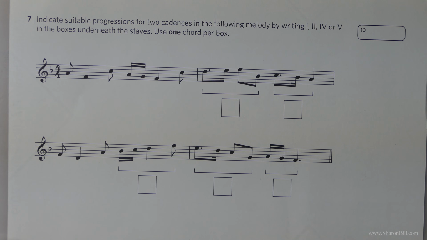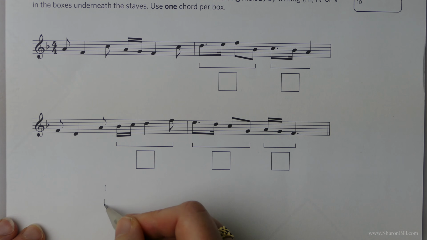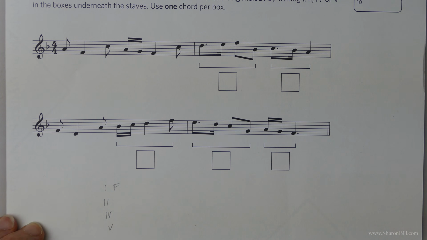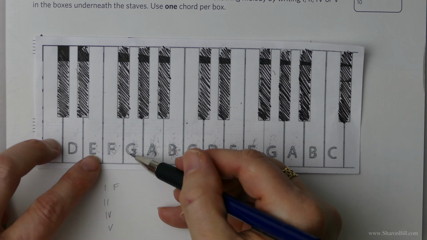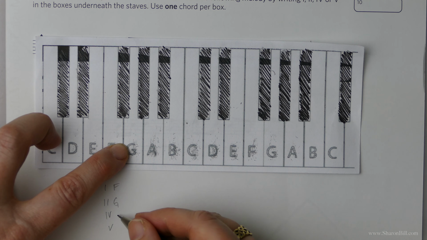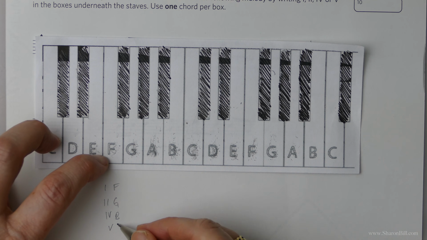And so we're going to be looking to recognise chords 1, 2, 4 and 5. So in F major, chord 1 is F, and then just counting up, 2 is G, 4 is B, of course it's B flat, but your key signature deals with that, and C is chord 5.